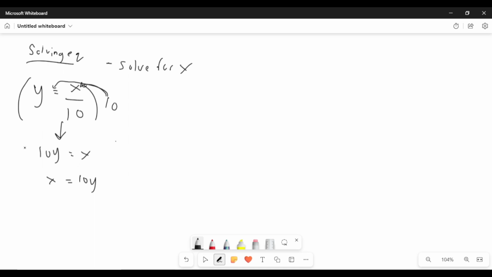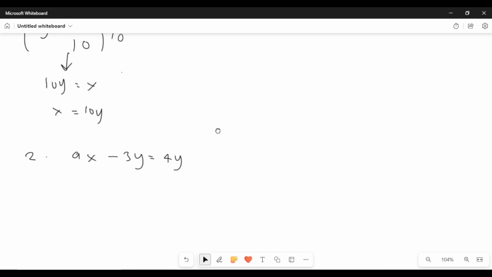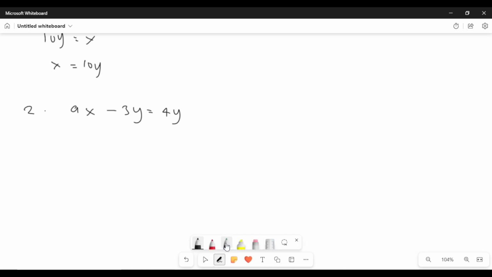Okay, let's go to the second example. We have 8x minus 3y equal to maybe 4y. Let's change to a different color. So we have to isolate x.